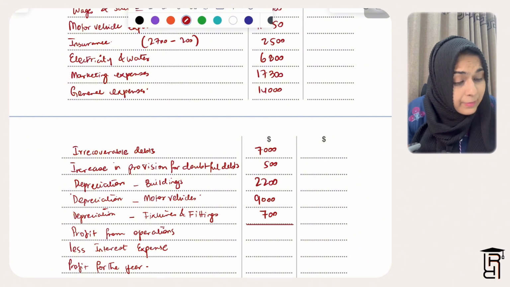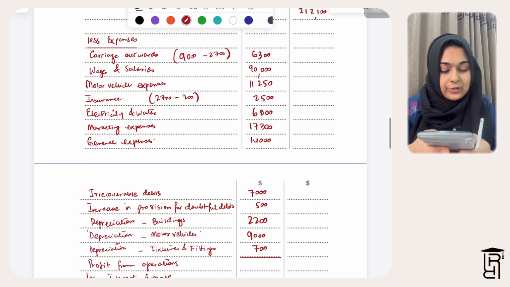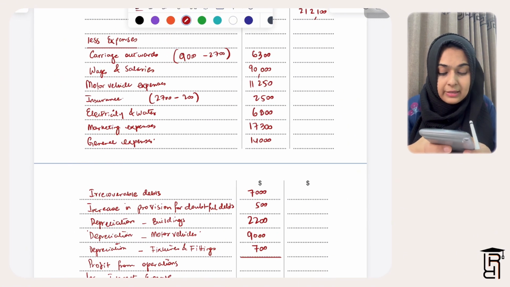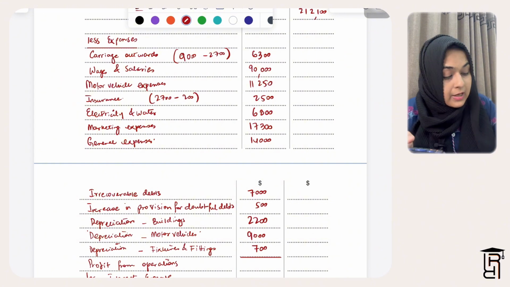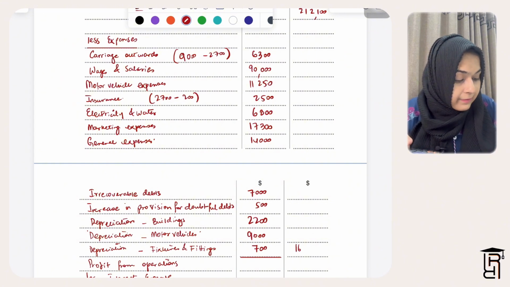I need to add them up very quickly. I'll just add them up. 6,300 plus 90,000 plus 11,250 plus 2,500 plus 6,800 plus 17,300 plus 14,000 plus 7,000 plus 500 plus 2,200 plus 9,000 plus 700 gives me 167,550.